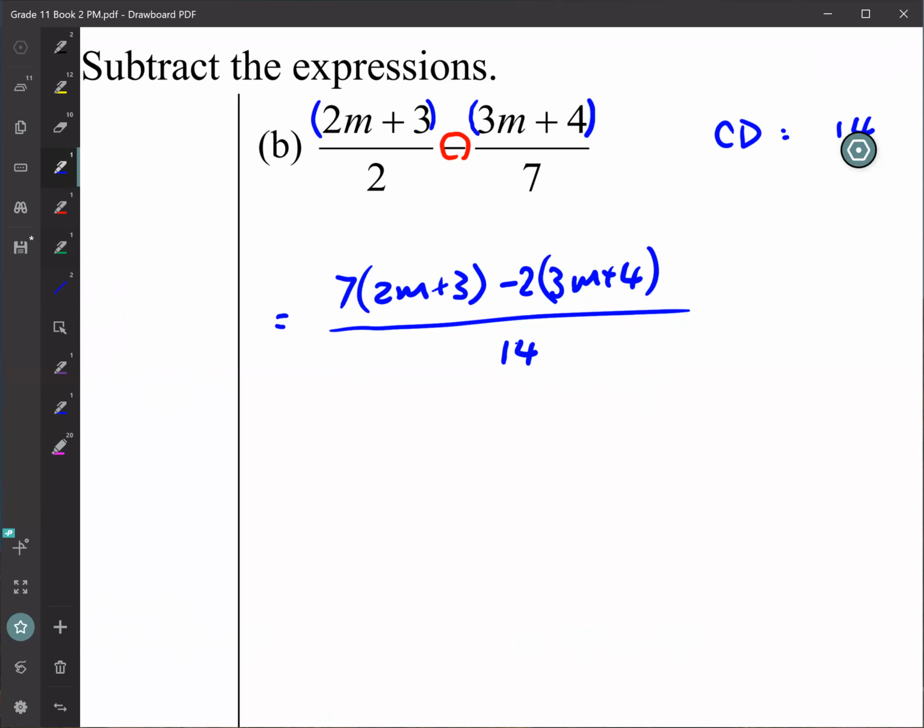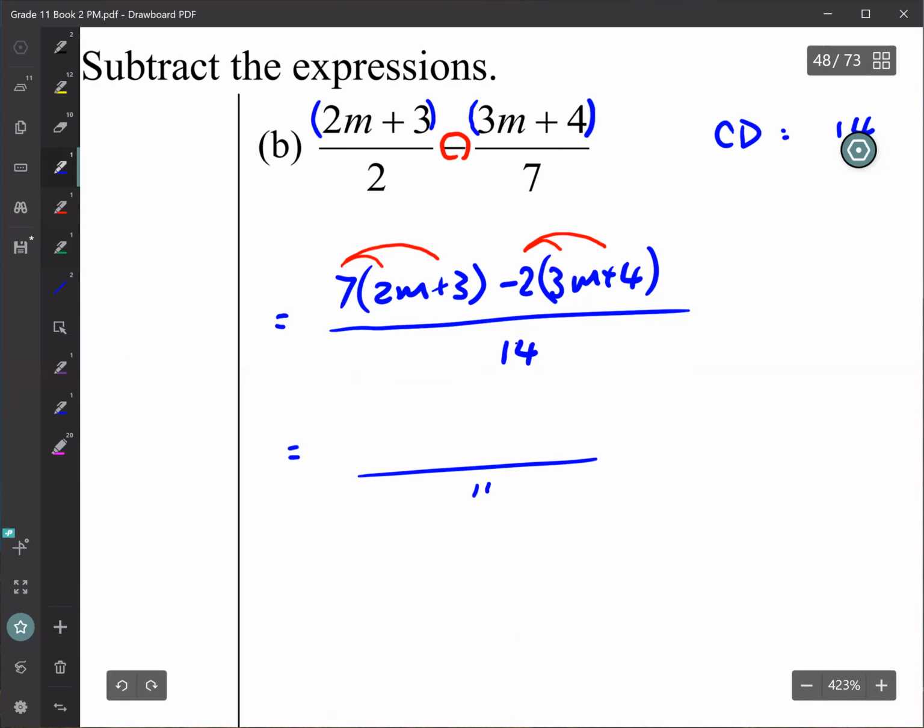The subtraction for the numerator is affecting both of the terms, okay? So when you expand, it's the -2 that multiplies into the brackets. I'll let you guys simplify the top. Expand the brackets and combine like terms. When you finish, you can raise your hand.